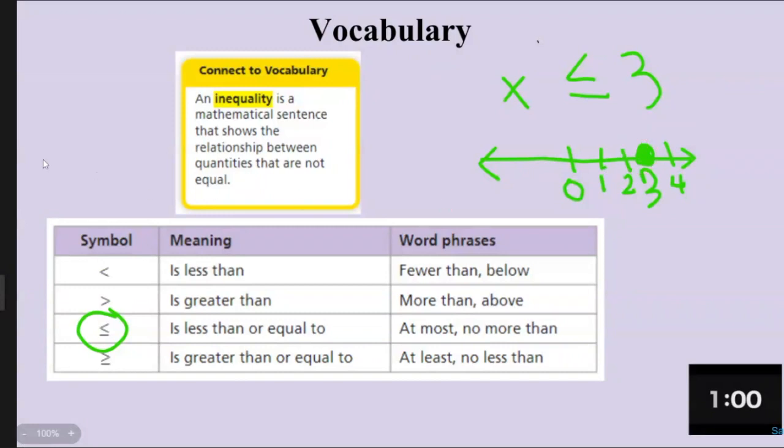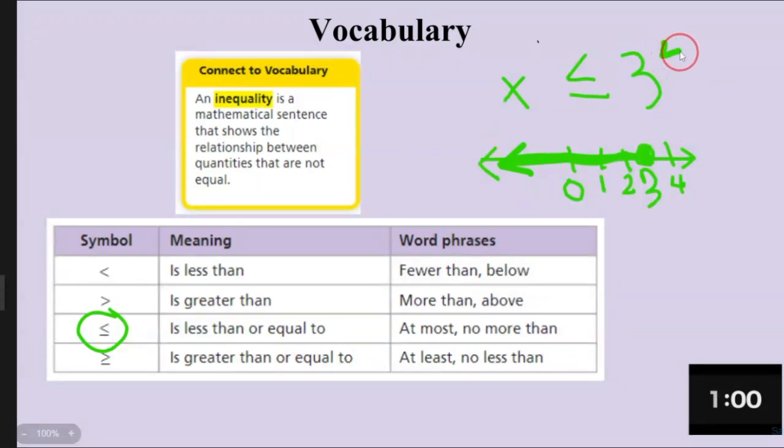And then we would also have all the values that are less than 3. So we can shade in this part of the number line to the left, and this would represent x is less than or equal to 3.